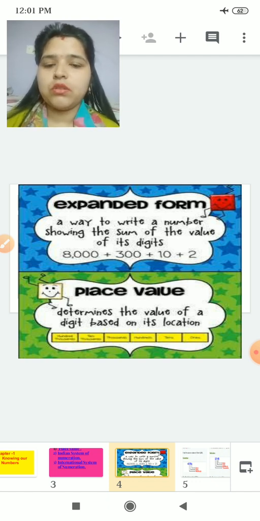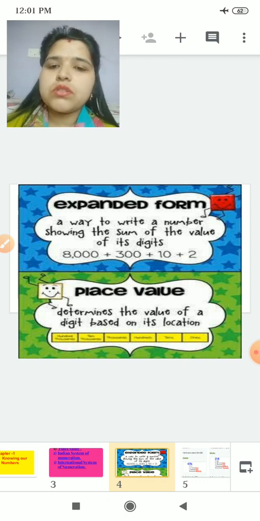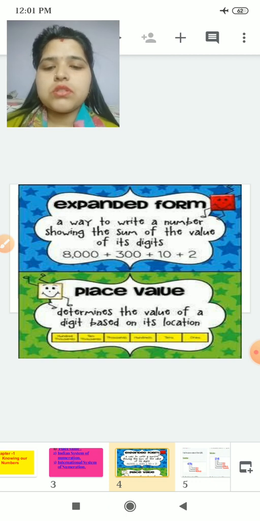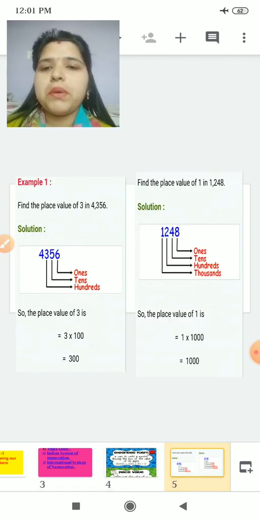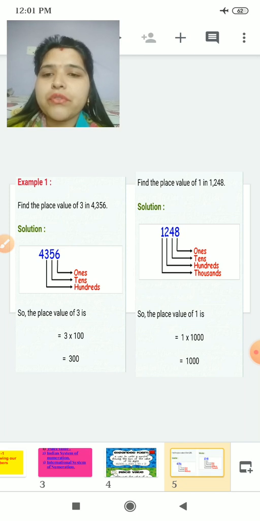You have already learned in your previous classes that you have to start from which side? From your right hand side. Ones, this is tens, 3 is hundreds and 4 is thousands. See, again I am repeating: ones, tens, hundreds and thousands. This is the place which these numbers are containing.